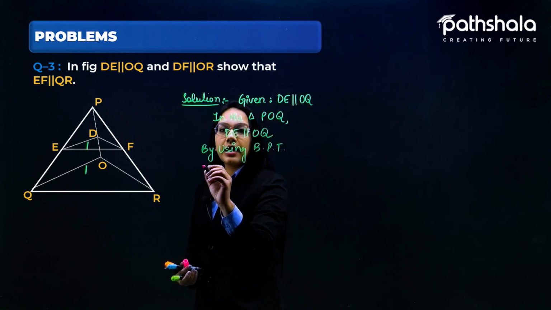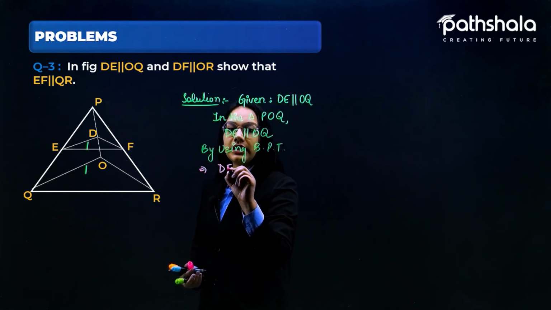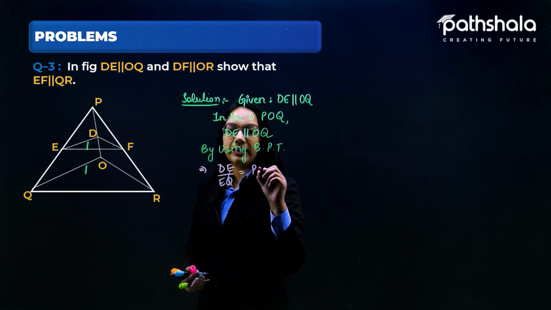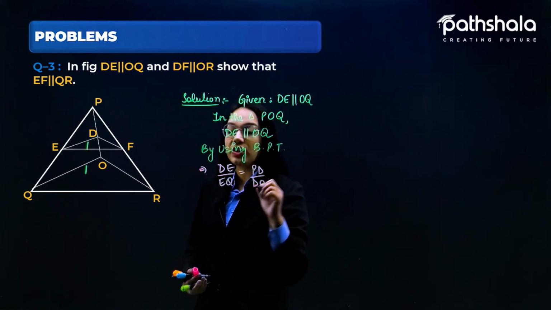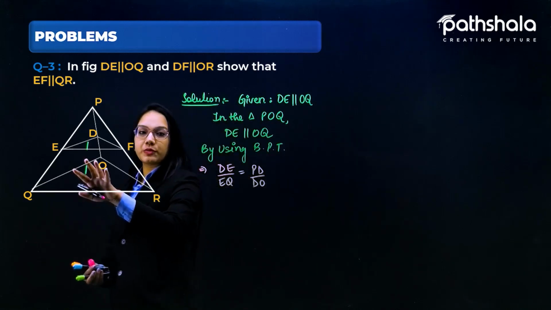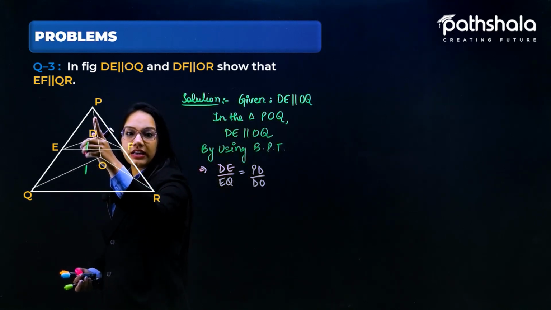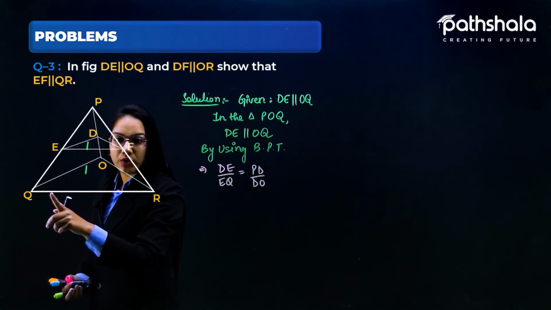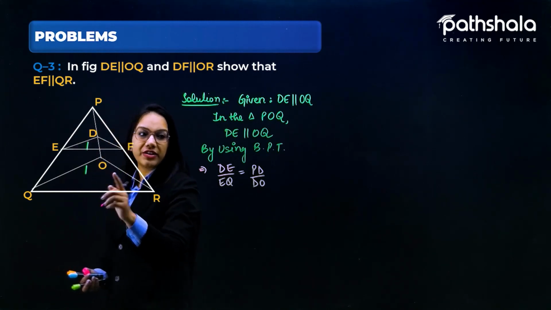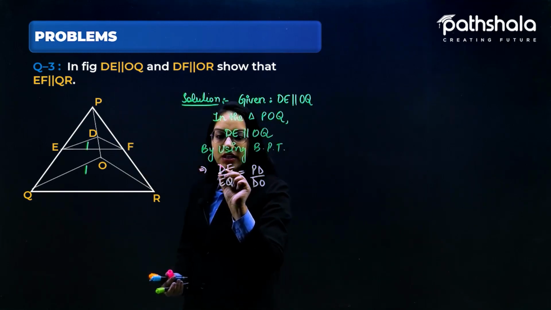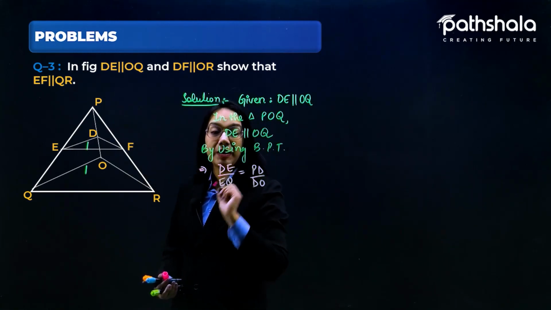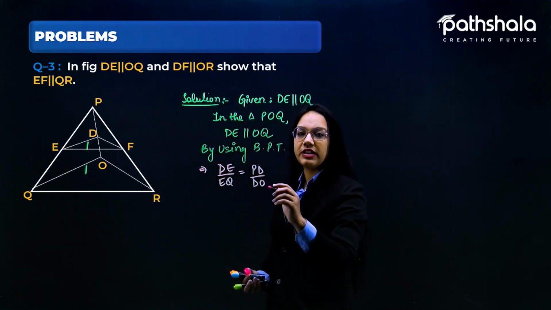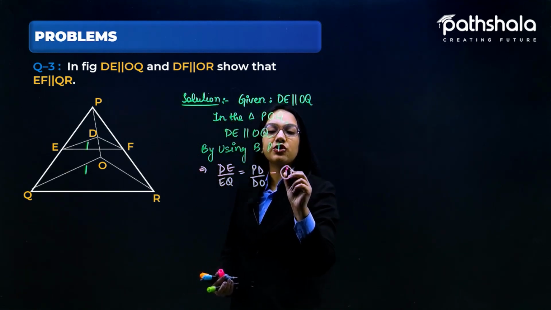It implies that, in this particular triangle, PE divided by EQ is equal to PD divided by DO. Let us call this equation number 1.